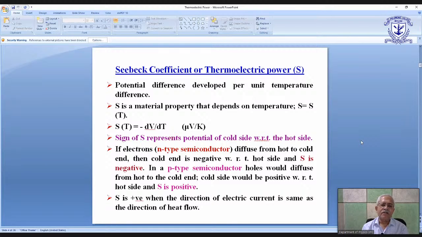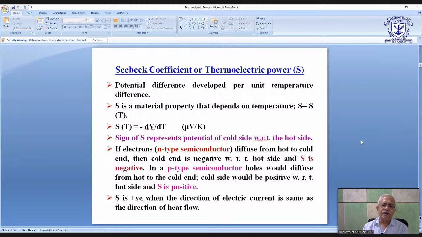Now, this is the case in N-type semiconductor because the electrons diffuse away from the hot end. So essentially, the hot end is more positive and the cold end is more negative. So dV in such a case conventionally is taken as a positive number. Therefore, both dV and dT are positive and therefore S is negative. In other words, in the case of N-type semiconductor, S is negative.